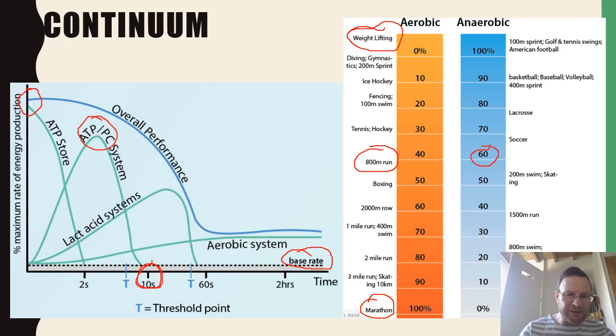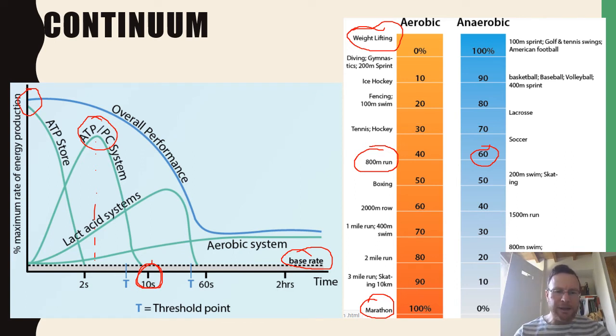So if you trace that peak ATP-PC system down, there's a tiny little contribution of the aerobic system, and a tiny little contribution of the lactic acid system, but in that first 10 seconds of maximal intensity exercise, the ATP-PC system is dominant.